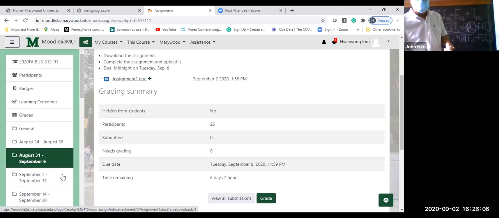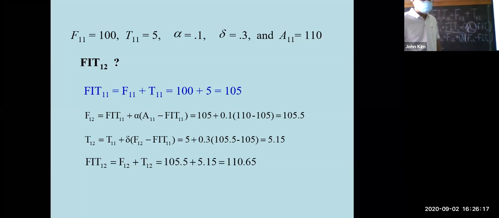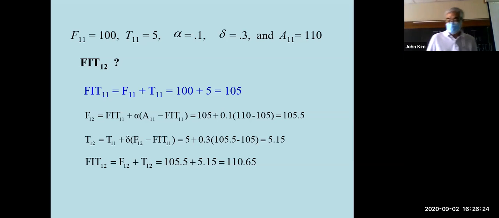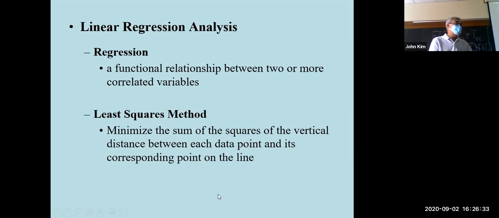So that is exponential smoothing with trend, FIT. And the next one is causal relationship, linear regression analysis.